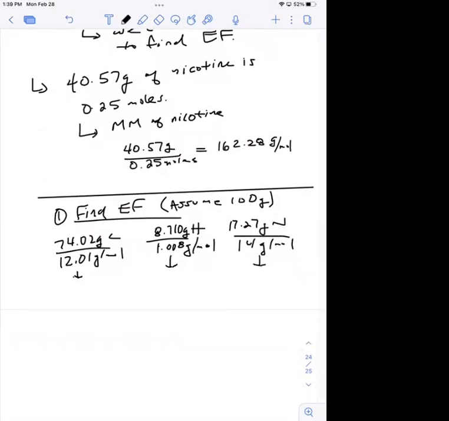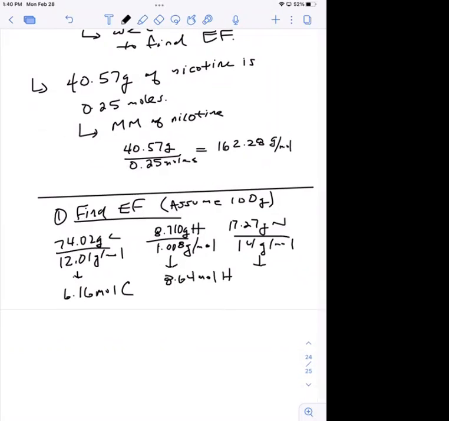The moles for carbon are 6.16. Okay. Hydrogen is 8.64. Not grams, sorry, moles. What about nitrogen?